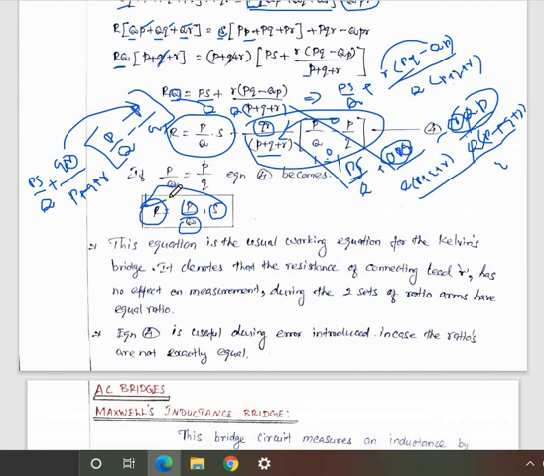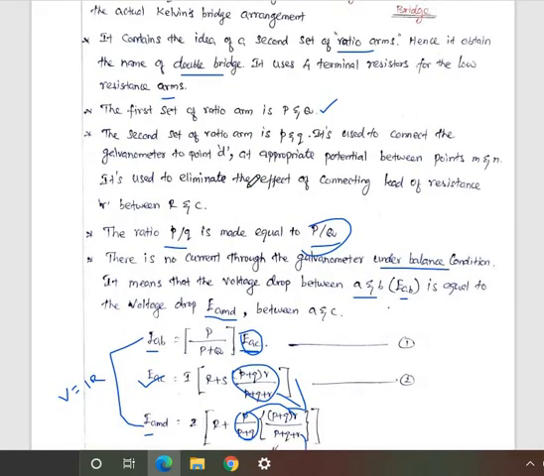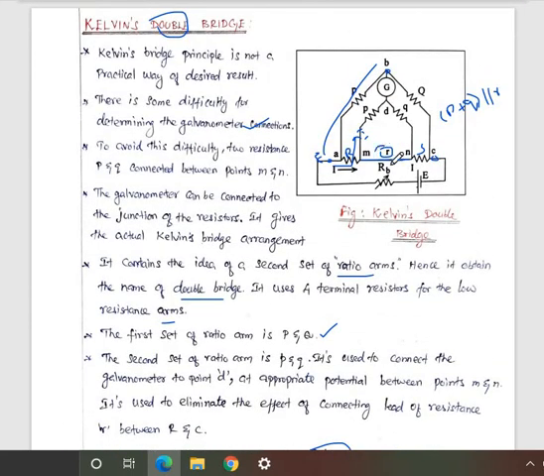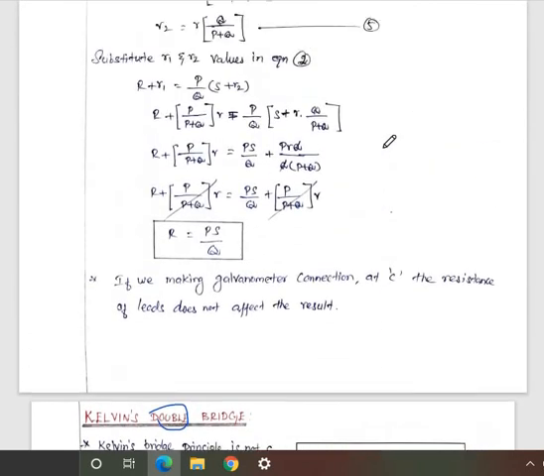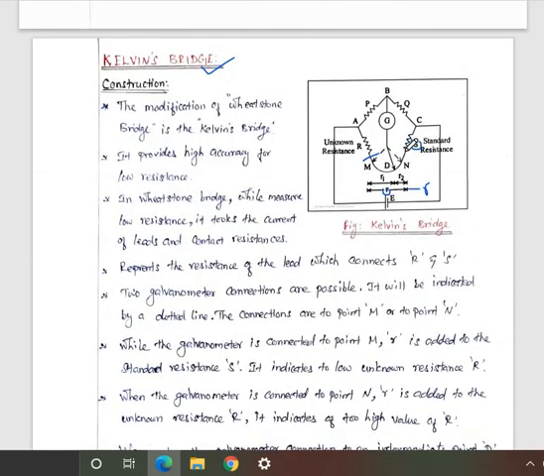So here our concept is to find the unknown value of resistance, and we do not consider that resistance value small r. In the previous Kelvin bridge, up to the end we had to consider that small r, and connecting the galvanometer across the resistive lead is difficult.